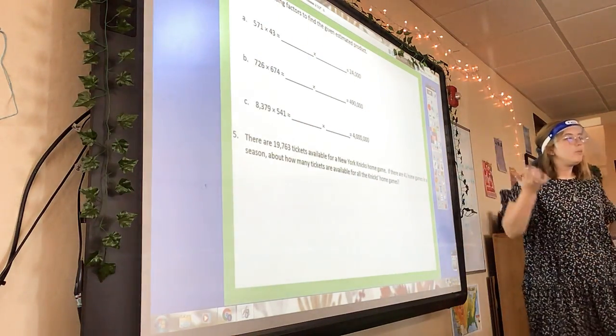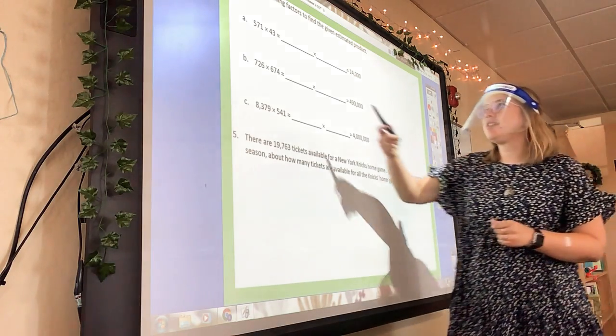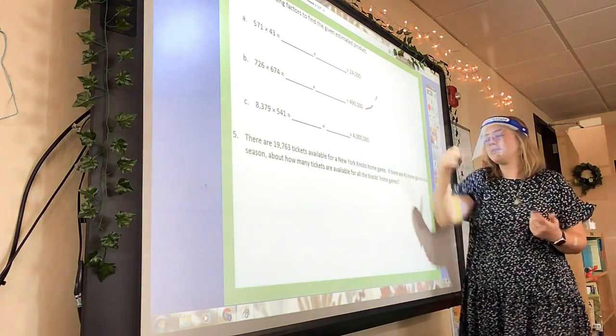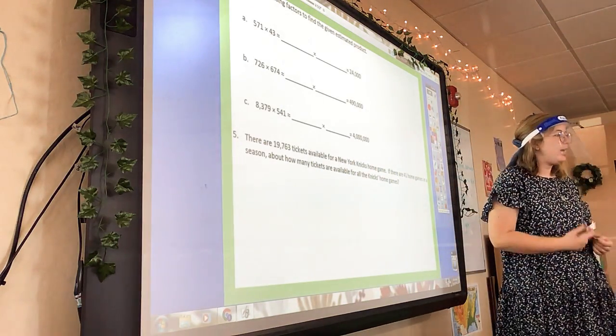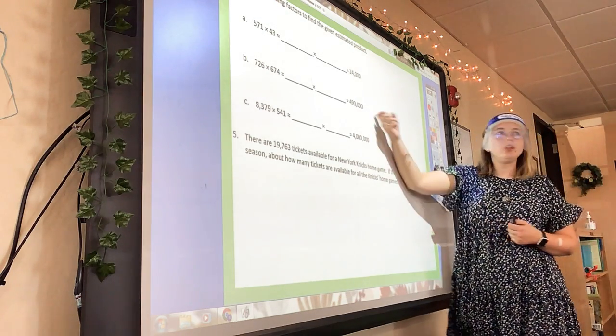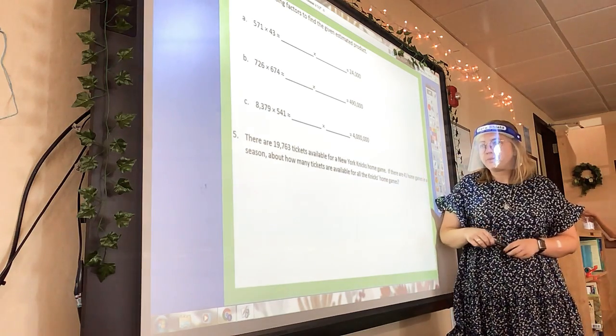When in doubt, friends, trial and error. Try rounding it to the nearest 100 and the nearest 10. And if that doesn't equal that, then maybe we need to try something else, right? Trust me, it's not as hard as it seems. Use your knowledge of place value understanding, too. Use that to help you.